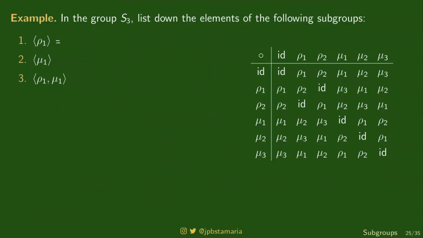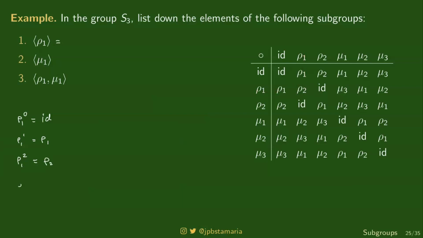Kaya lang tingnan nyo, halimbawa, if I take, of course, row 1 to the 0, that's the identity by definition. Row 1 to the 1, that's row 1. If I take row 1 squared, from the table, ano yung row 1 squared? Row 2. So, si row 2 kasama sa subgroup na yan.